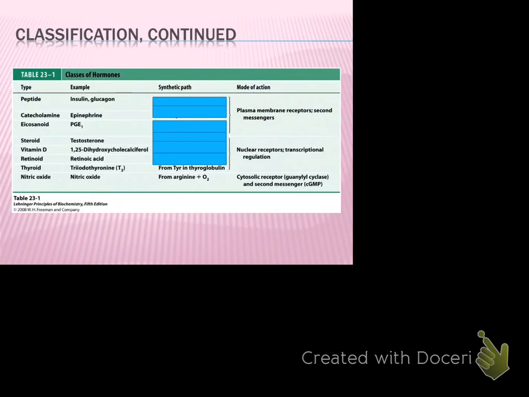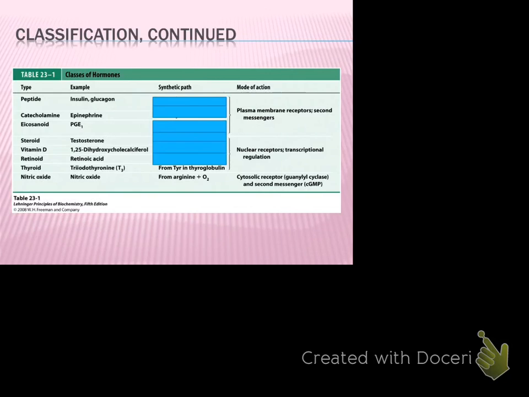Nitric oxide comes from arginine and nitric oxide synthase, and we have talked about how it's a second messenger with the receptor guanylyl cyclases, whereas the thyroid hormones come from tyrosine, but obviously that's going to be in the thyroid tissue, so we're not going to go into more detail with those.